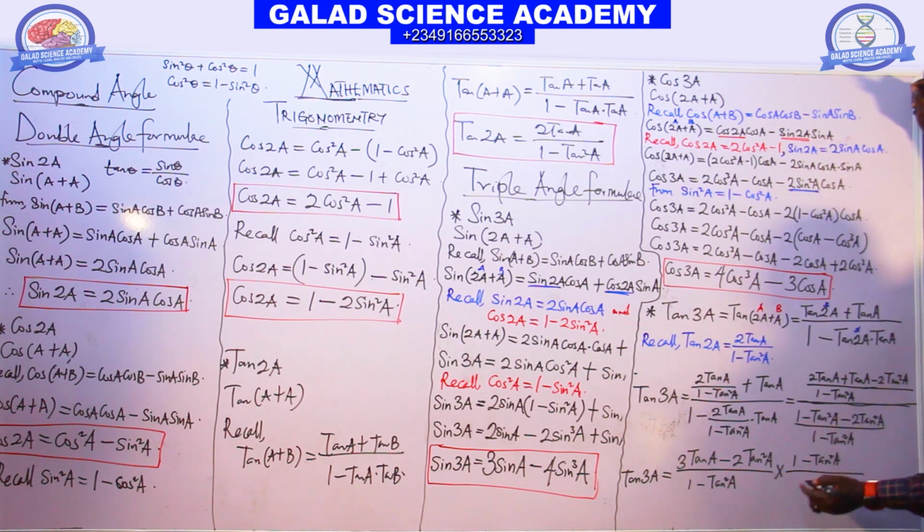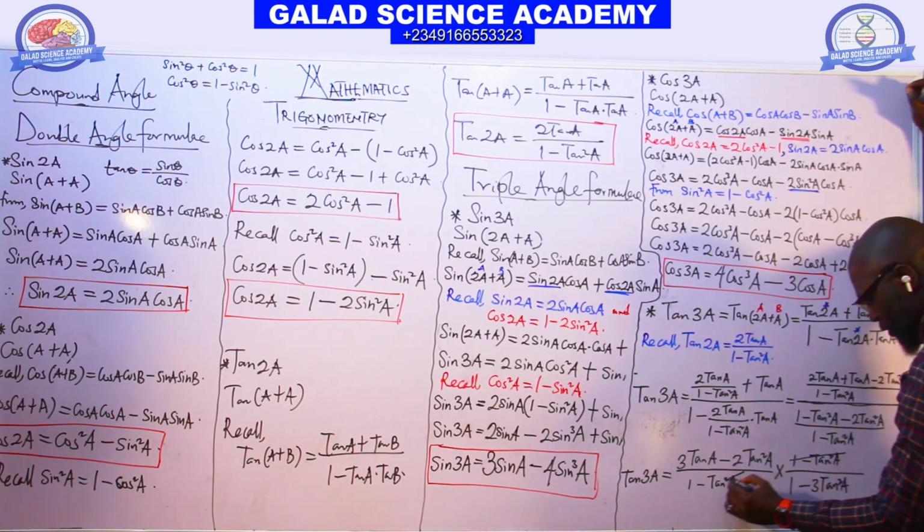So here now, we have 1 tan square A minus 1 tan square A minus 3 tan square A. So we cancel this.